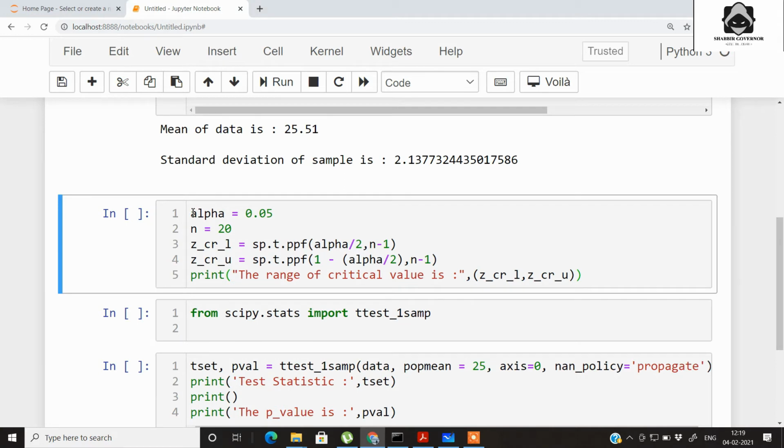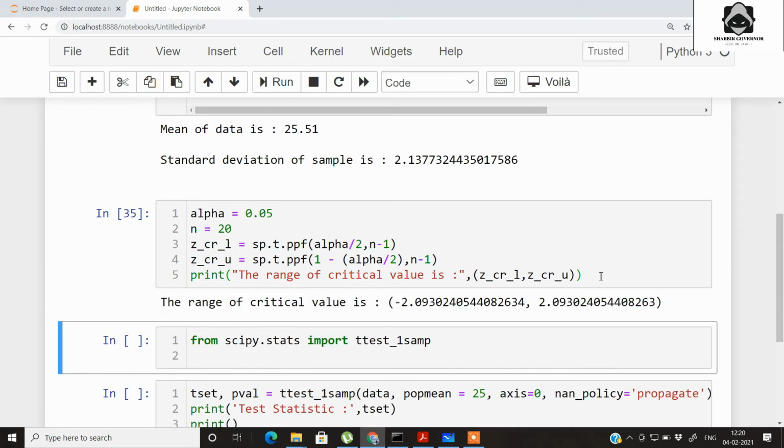Now we go for the t-test, but before that we need to plot the critical values. Here we have alpha equal to 0.05. The sample size was 20, and then we go for the lower limit and the upper limit. Since it's a two-tailed test, we use the ppf function of the t distribution and pass alpha by 2 and 1 minus alpha by 2 along with the degrees of freedom. Let's see what the degrees of freedom are.